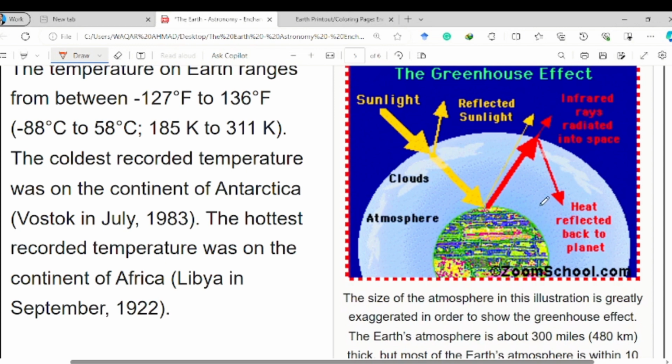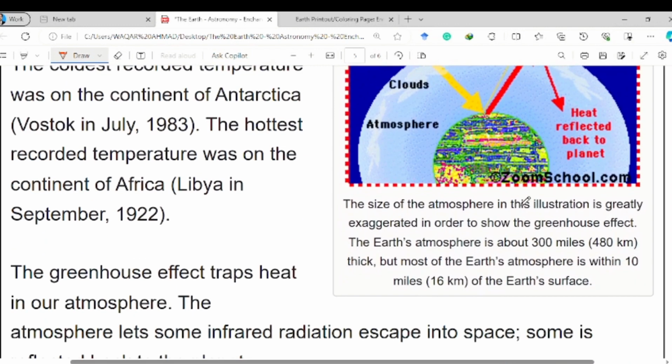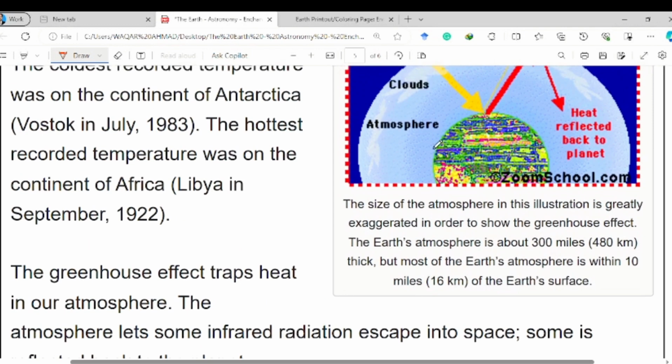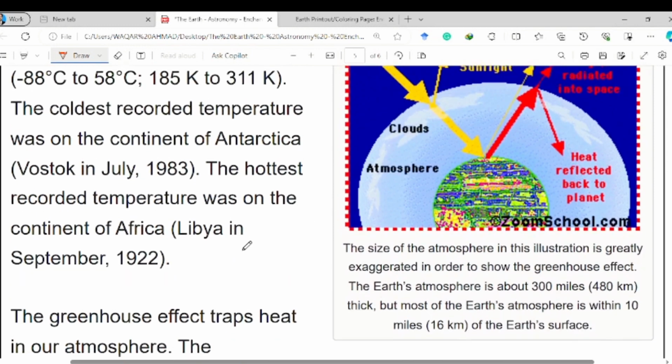That is the phenomenon of global warming, related to climate change, where increasing temperature can cause global warming and climate change. So the greenhouse effect traps heat in our atmosphere. The atmosphere lets some infrared radiation escape into space, and some is reflected back to the planet, as already discussed in that figure.